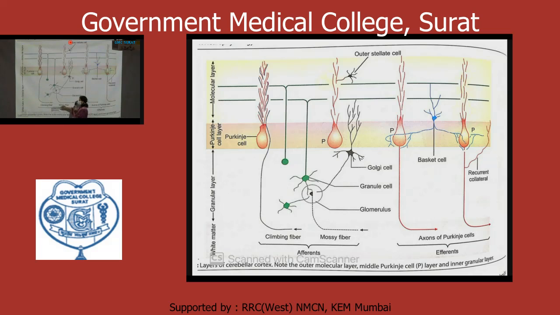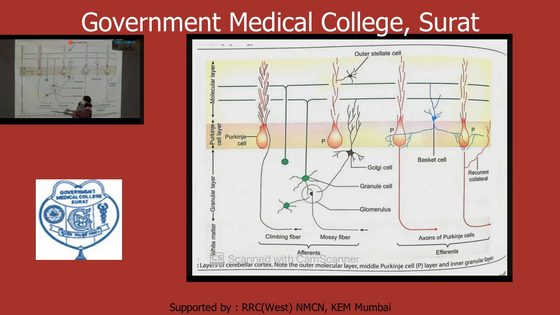In the case of mossy fibers, simple spikes, or short action potentials, are generated. They are weaker in nature, whereas the action potentials generated in the climbing fibers are stronger in nature. They are very strong in nature.